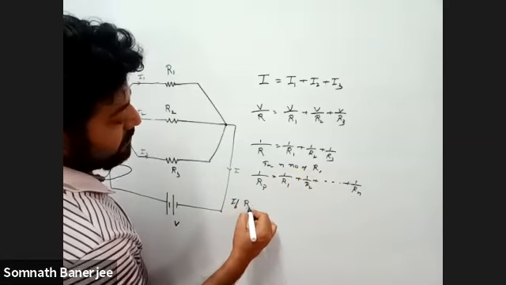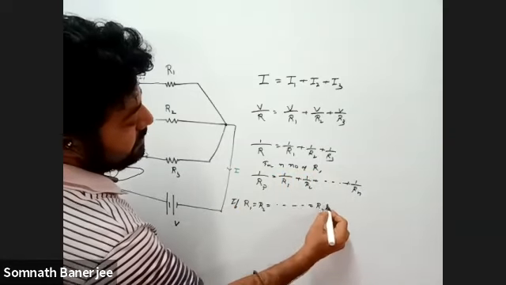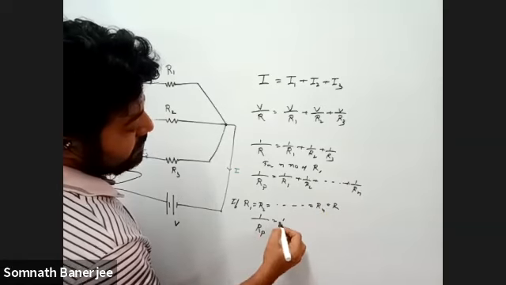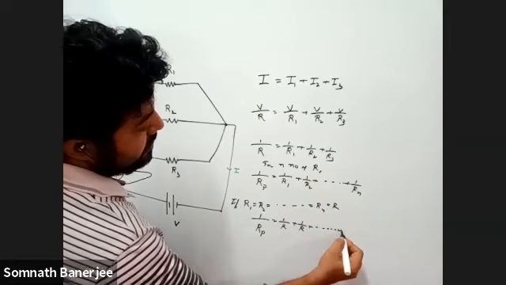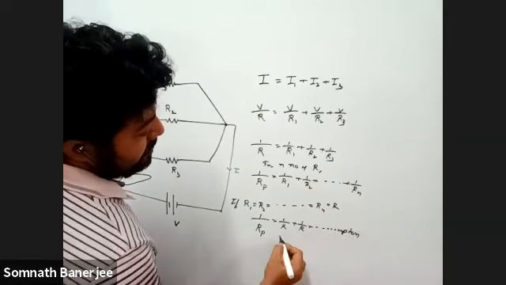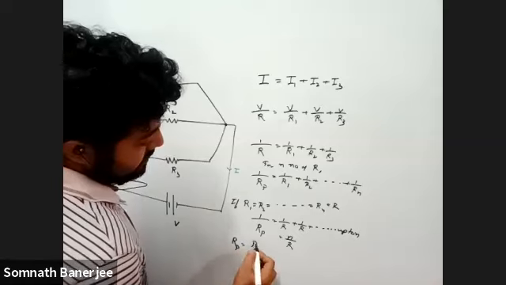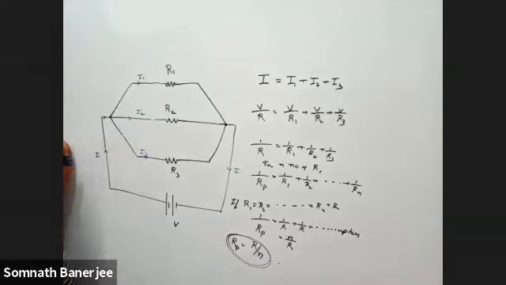If R1 = R2 = ... = Rn = R, then 1/Rp is 1/R + 1/R + ... up to n terms. So what we have is n/R, so Rp is R/n. So this one is my parallel arrangement.